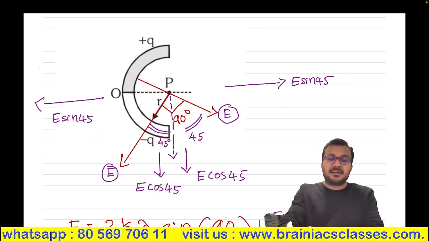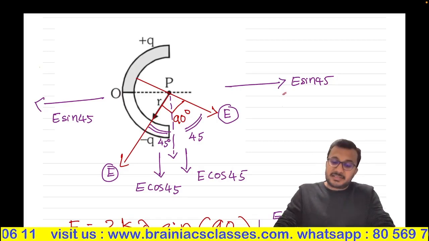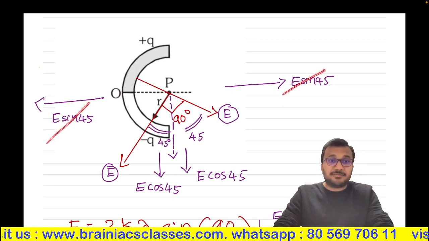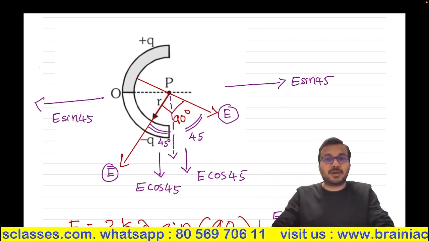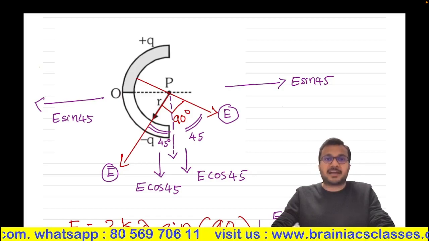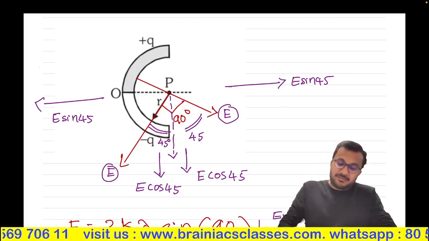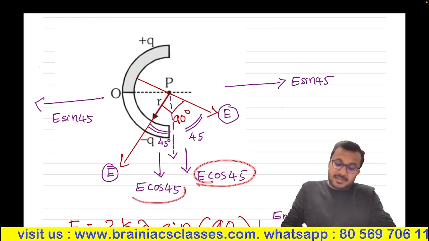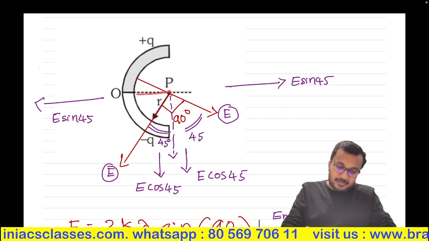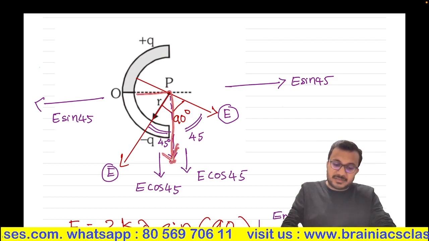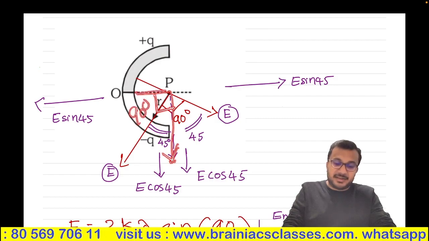You can see that the E sine 45 components are moving in opposite directions. They are equal in magnitude and they cancel each other. So what is the total electric field? We have E cos 45 and E cos 45 in the downward direction. This direction makes 90 degrees with OP.